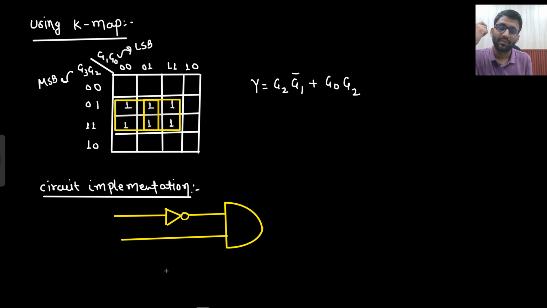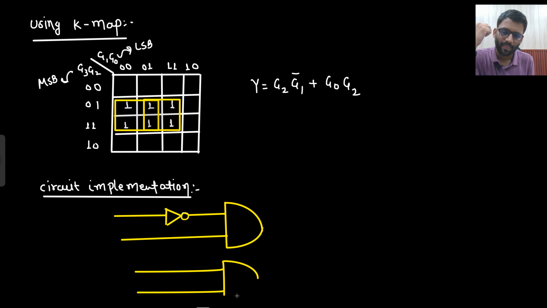And then here there is G naught into G2, and then there will be addition of both of them.